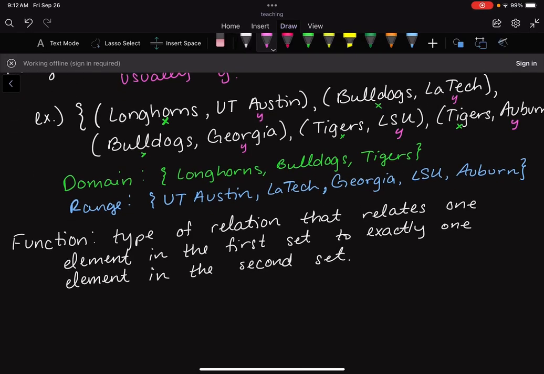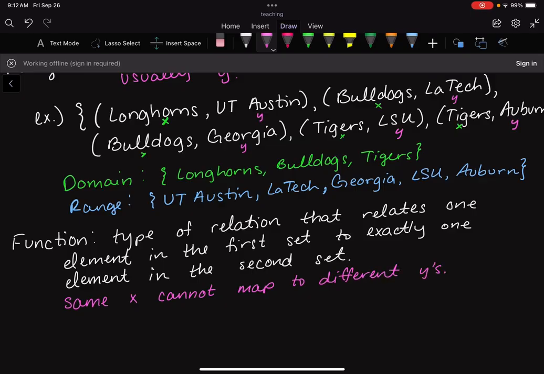So a little bit of a point here for functions. They're specific about their x and y values. So what's happening here is the same x cannot map to different y's.